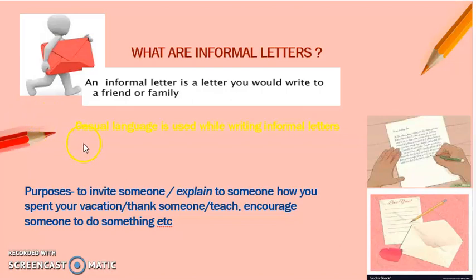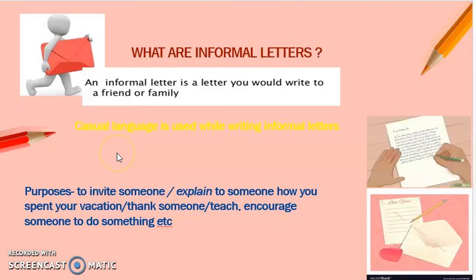Now when writing an informal letter, we always use very casual language. We do not use formal language. It's very easygoing since we are writing to our friend or a family member. So our language is very simple and it's very casual.